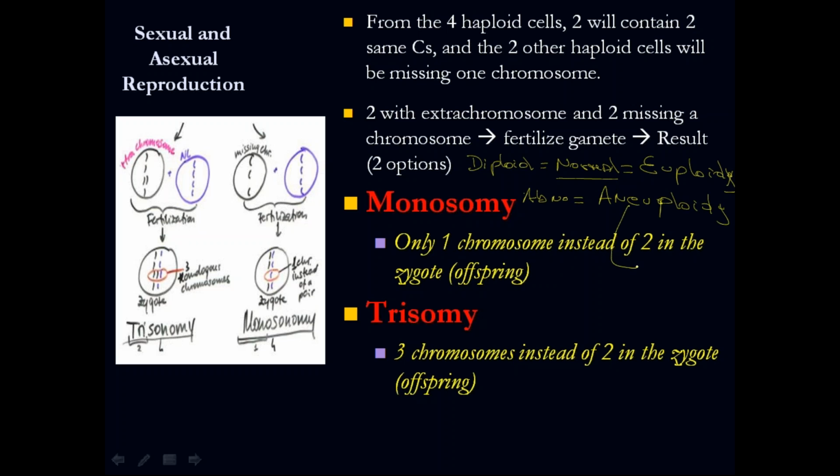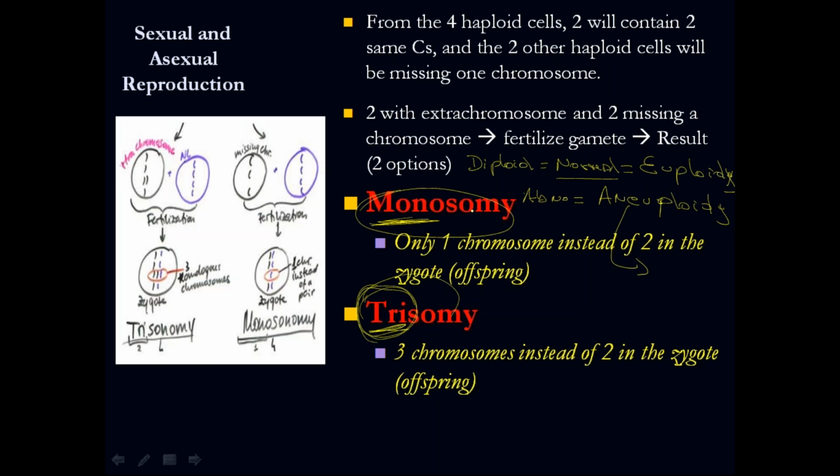And under aneuploidy, we are going to have the monosomy and trisomy, because monosomy means one, right? So it's a lack of one chromosome. Trisomy means an excess, an addition of one chromosome. Trisomy and monosomy, those are under aneuploidy. What is aneuploidy? Abnormal number of chromosomes.